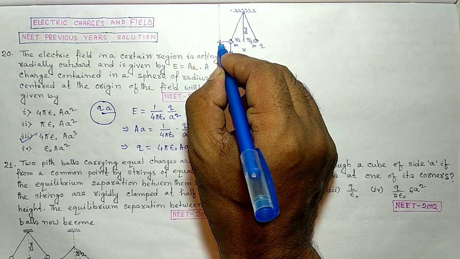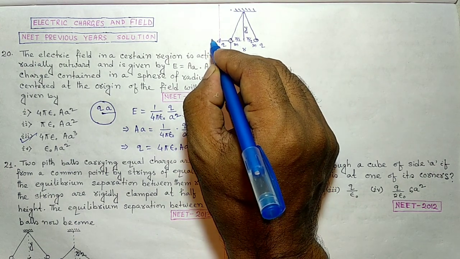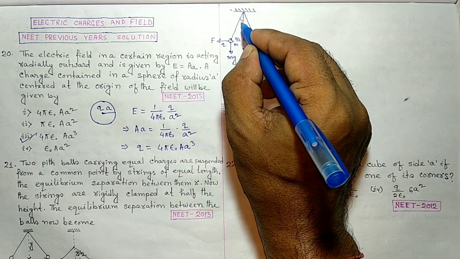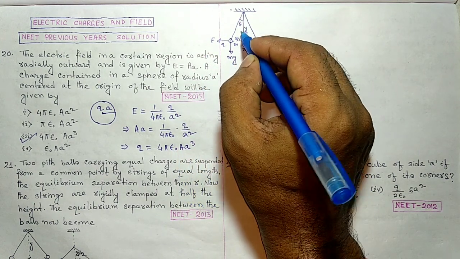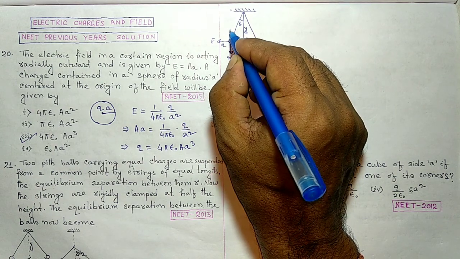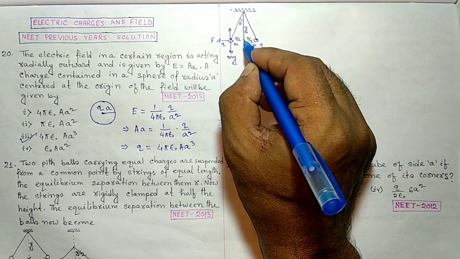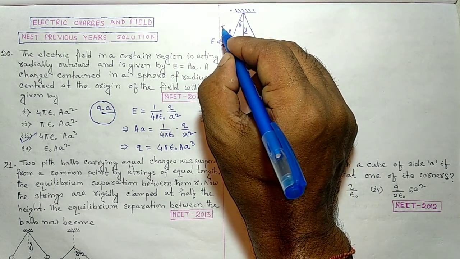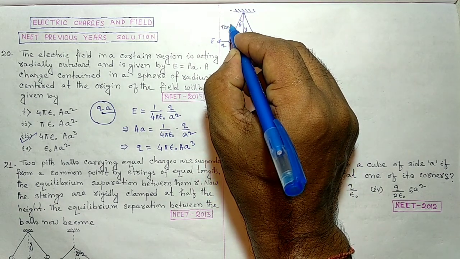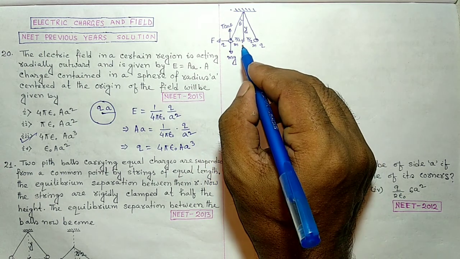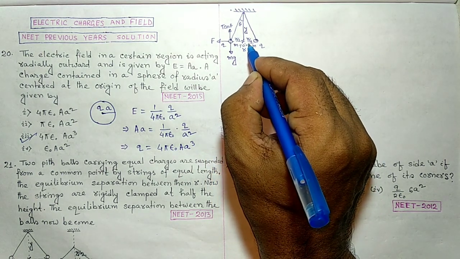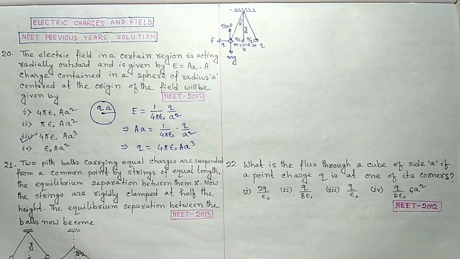Repulsion force in this direction, this repulsion force is F. Now if the angle is theta, now the tension has two components like that. This component is T cos theta and this component is T sin theta.